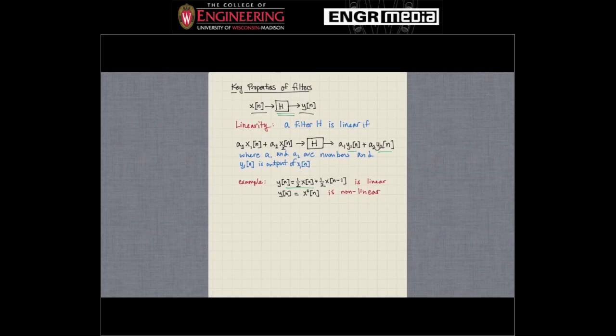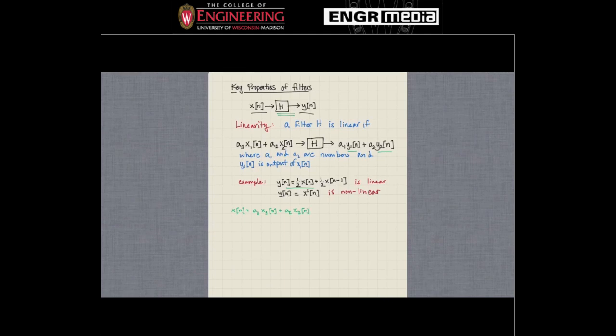That's why it's called the moving average filter. So if we wanted to check whether or not this particular filter is linear, this is what we would do. We'd first say, all right, I'm going to define a new signal, x of n, and I'm going to call that a1 times x1 of n plus a2 times x2 of n. Okay? And I'm going to input that into the filter.